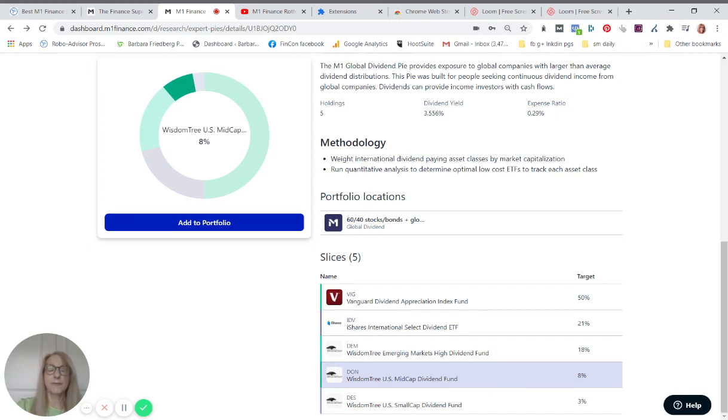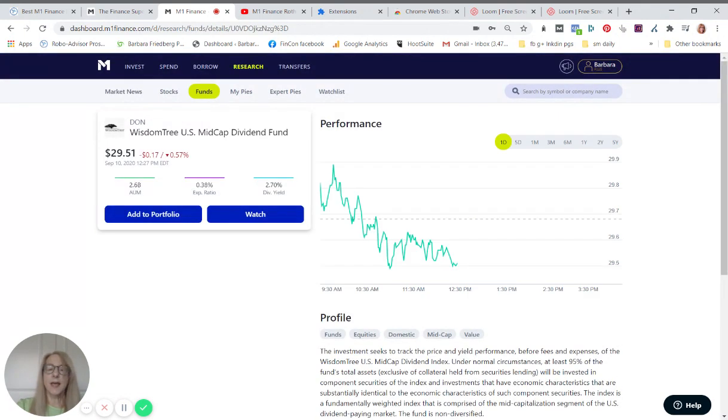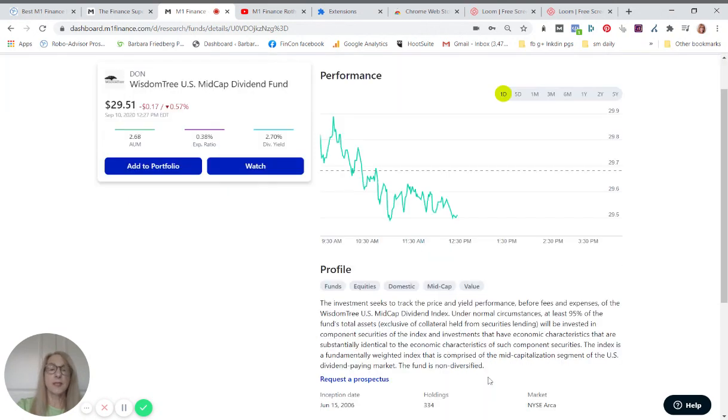And then the portfolio also includes the WisdomTree U.S. Mid-Cap Dividend Fund. And the reason that I assume M1 put this in their investment portfolio is because mid-cap stocks are those that aren't too gigantic and also aren't too tiny, and they have a decent opportunity to grow.